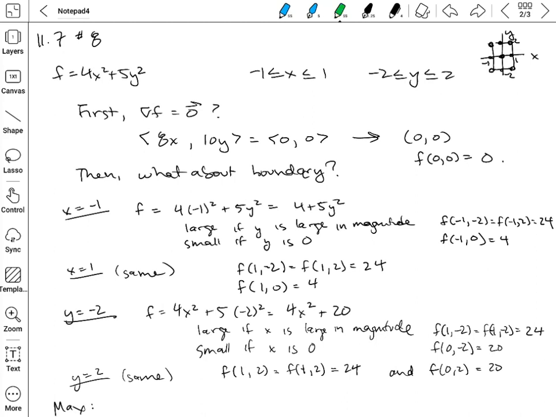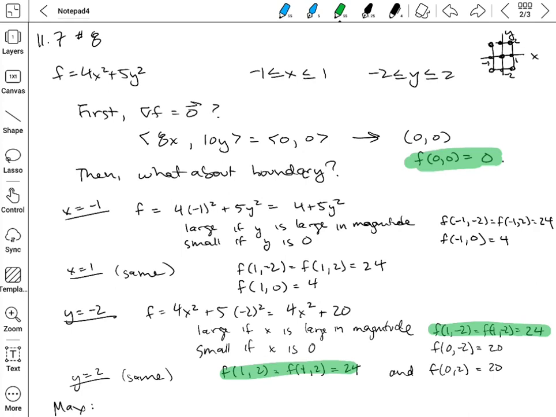So the largest possible value we found is 24, which we can get for those 2 points, as well as for those 2 points. And the smallest value we found on the edges was f of (-1, 0), which gave us 4, or f of (1, 0), which gave us that 4. But actually the smallest overall is that interior point.